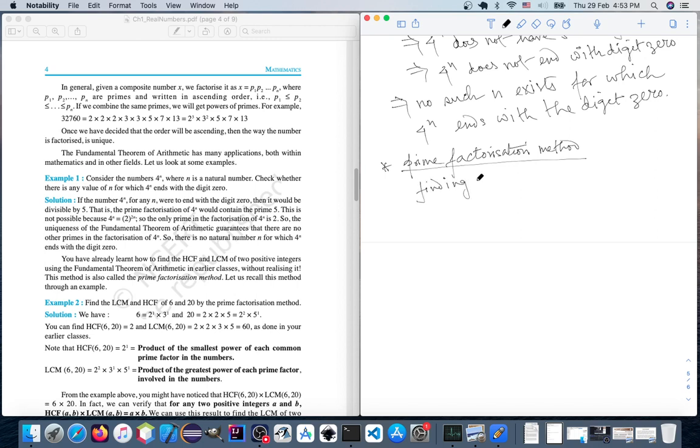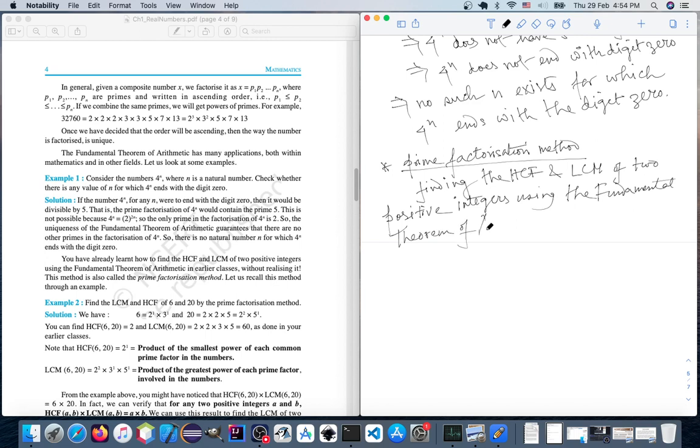Finding the HCF and LCM of two positive integers using the fundamental theorem of arithmetic.